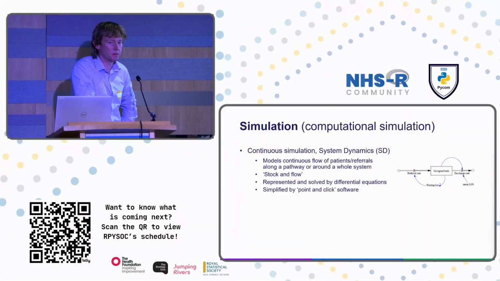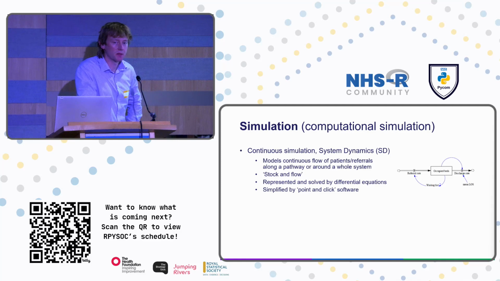So just to go over, for those not so familiar with computational simulation, there are a couple of main types of simulation. We're talking about continuous simulation, otherwise known as system dynamics. This is the stock and flow models, more useful for higher level, system level modelling, where the feedback loops or whatever it may be are what's important.